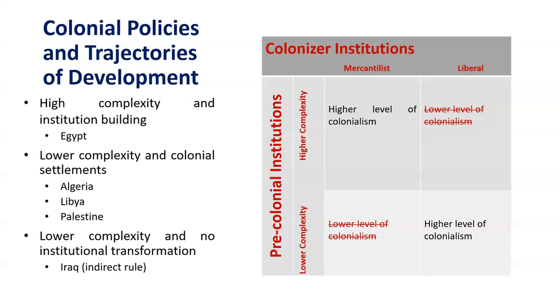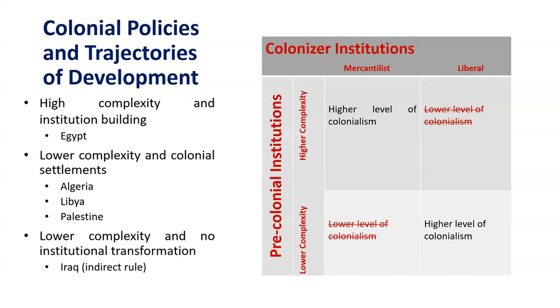Because supposedly these countries should have experienced a high level of economic progress or economic growth after the departure of the colonizers, right? But what happened was quite the opposite, okay? We have different reasons, which we are going to discuss in the seminar, why colonial settlement and the establishment of colonial institutions didn't lead to a positive impact in the post-colonial or post-independence period.